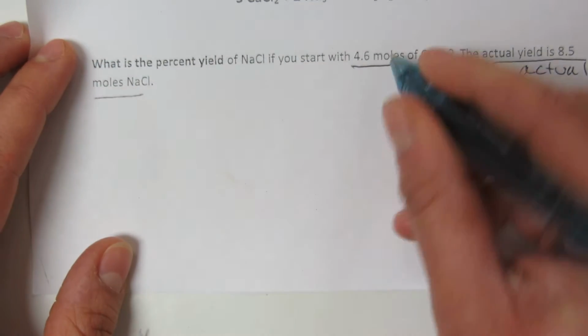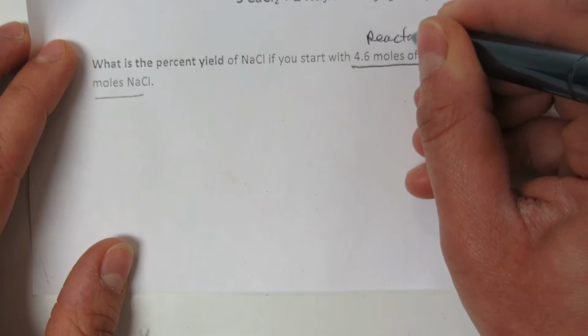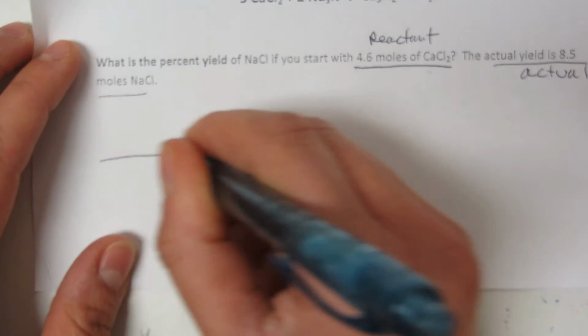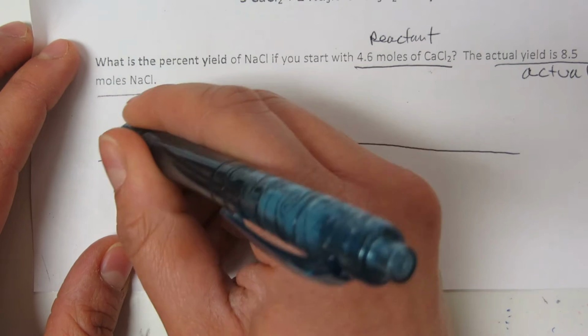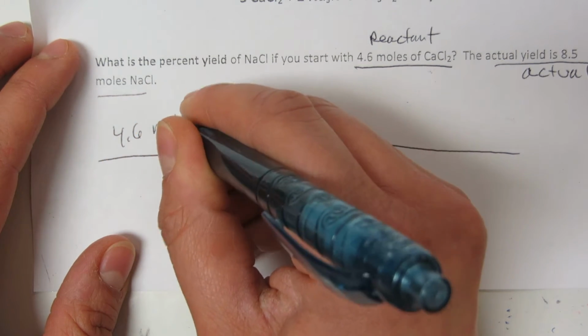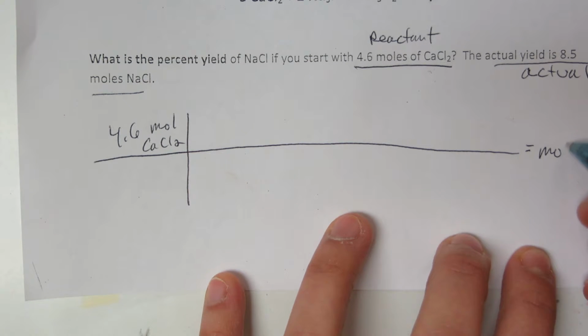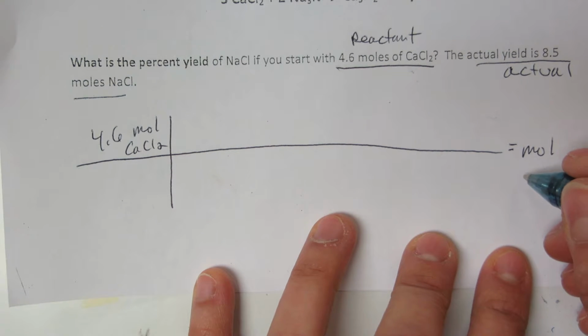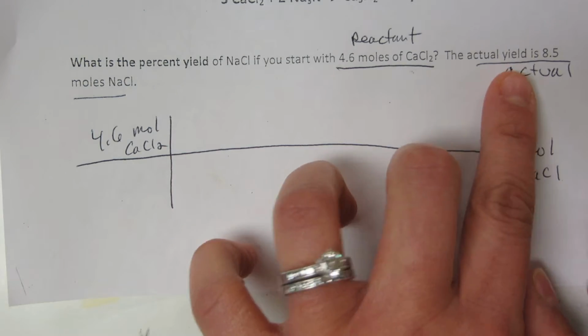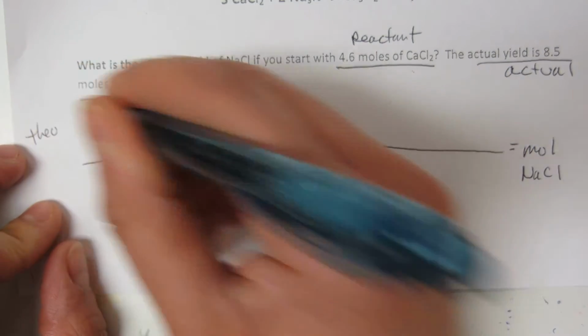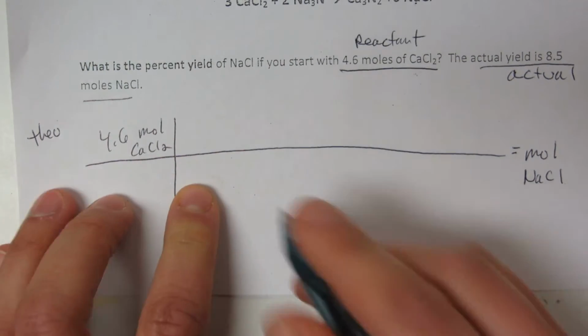The reactant you're given, you pop into your T-chart: 4.6 mole of calcium chloride. We want to figure out moles of sodium chloride to match the actual yield. This is the theoretical yield we're figuring out.